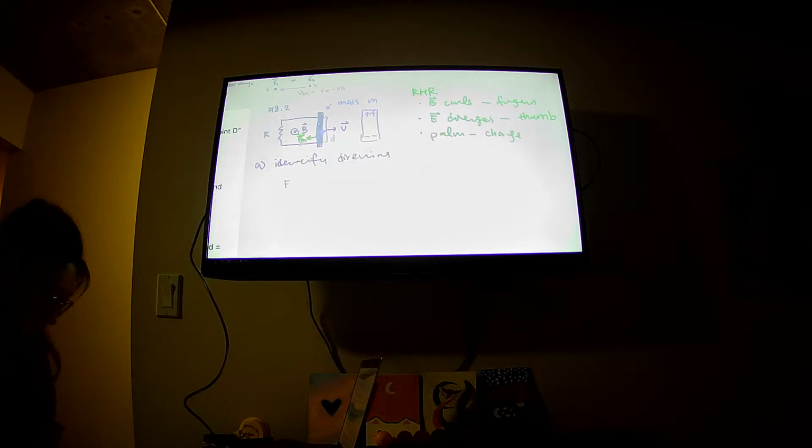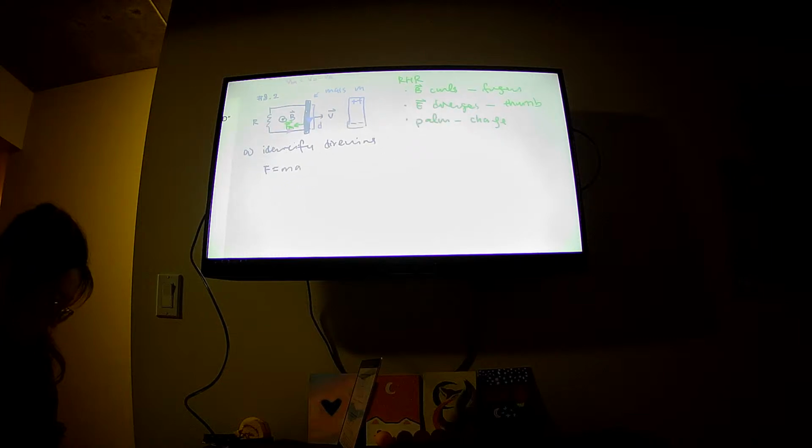Or we can write it as the force, right? Classically, you write this as F equals ma, right? And then A is equal to dV over dt.